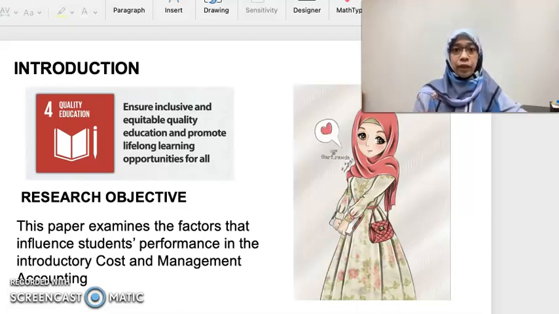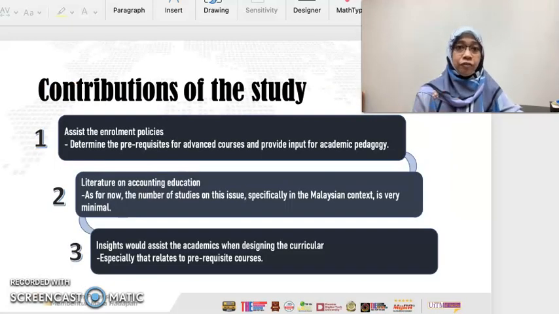Therefore, this paper examines the factors that influence student performance in the introductory course in management accounting. By knowing the factors, it would assist enrollment policies to identify, for example, the prerequisites for the advanced courses in management accounting, and it will provide input for academic pedagogy.